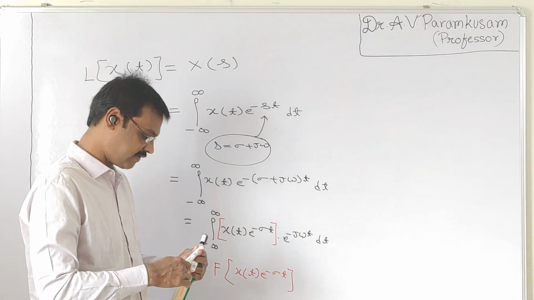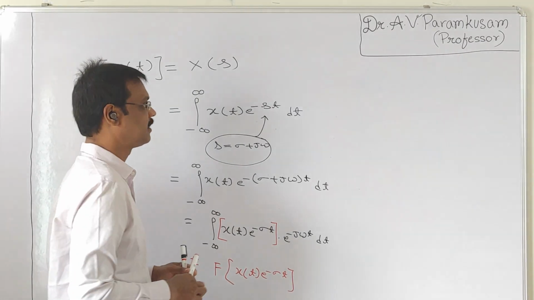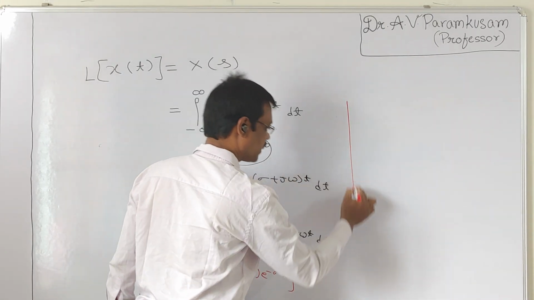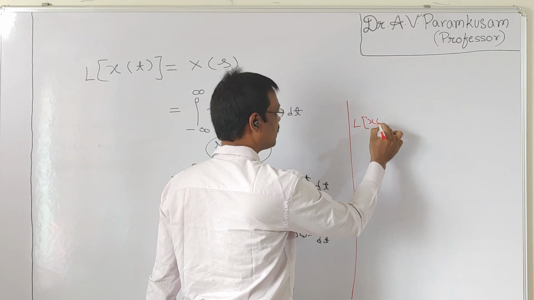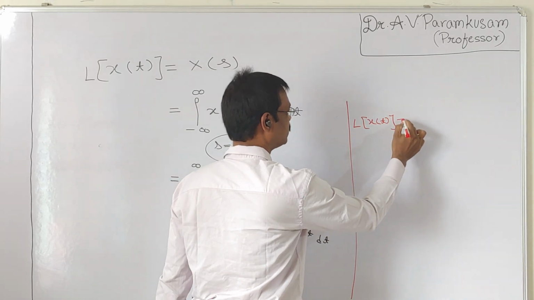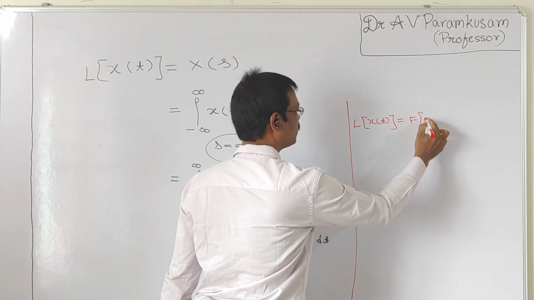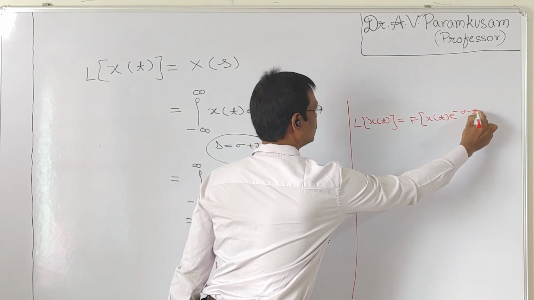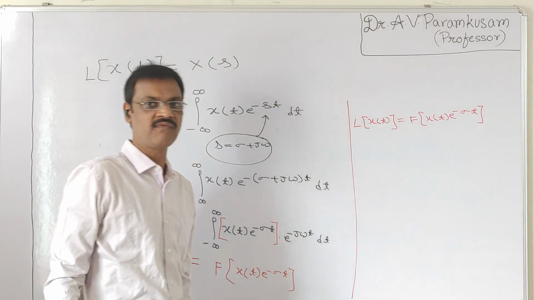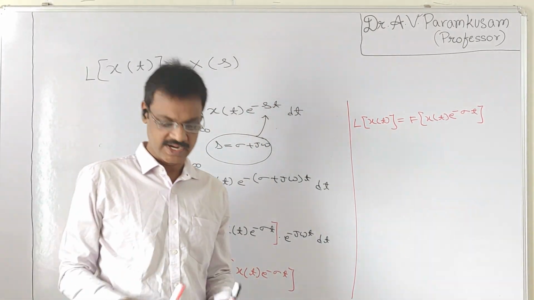So after arriving to this result, we can conclude that Laplace transform of x of t is equal to Fourier transform of x of t into e to the power of minus sigma t.